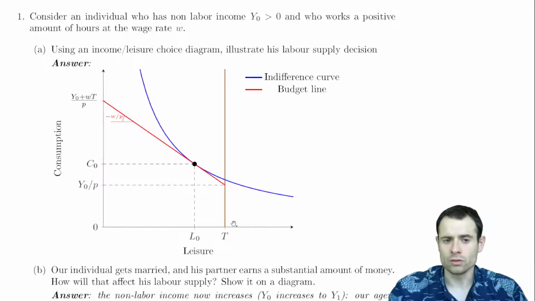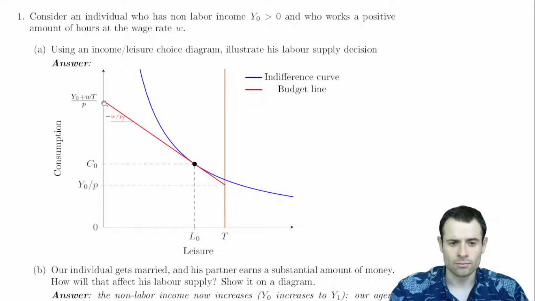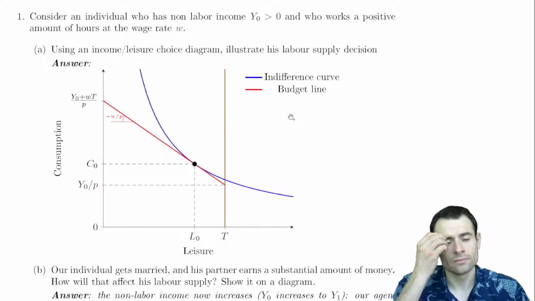Any corner solution, either here or here, would mean that the individual either prefers to work full-time, in particular if he doesn't value his leisure a lot. That would correspond to an indifference curve which is very, very flat, very horizontal.